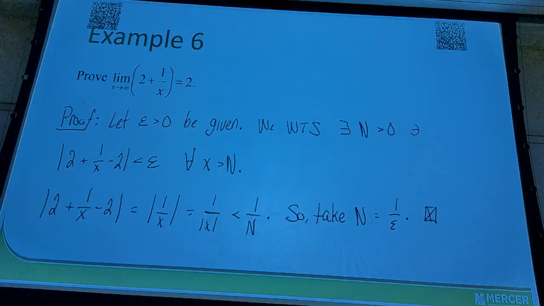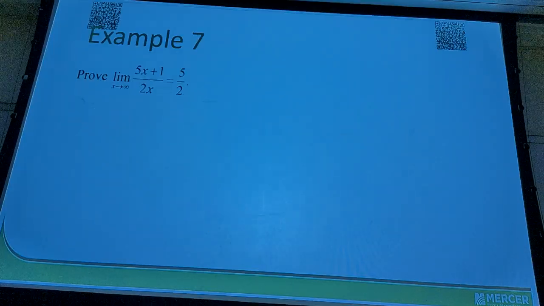And then that's got to be greater than 1 over x, and so on and so forth. These are generally better to prove than limits at a point.